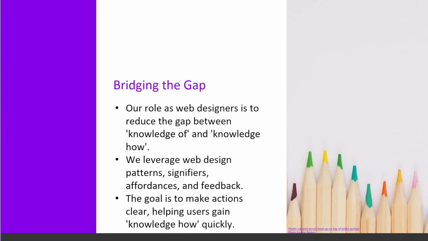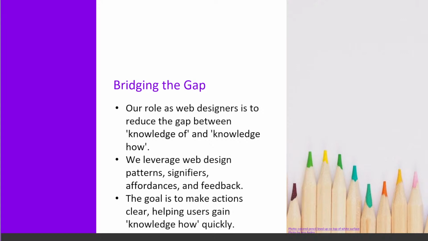Or we take the path of the designer that we should be taking, and we leverage our web design patterns, leverage our signifiers, leverage our affordances, leverage our feedback, so that we are guiding our users down a particular pathway.